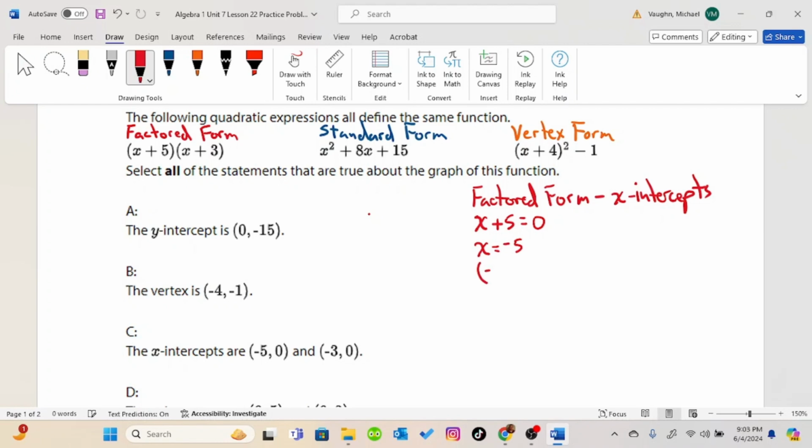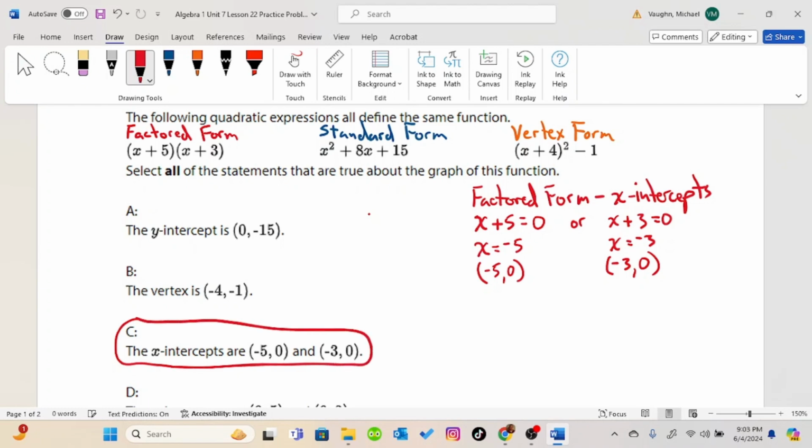So our first intercept is at negative 5, 0. The other is when x plus 3 equals 0, and that happens when x equals negative 3. So our other x-intercept is negative 3, 0. And if you notice, this matches choice C. The x-intercepts are negative 5, 0 and negative 3, 0.